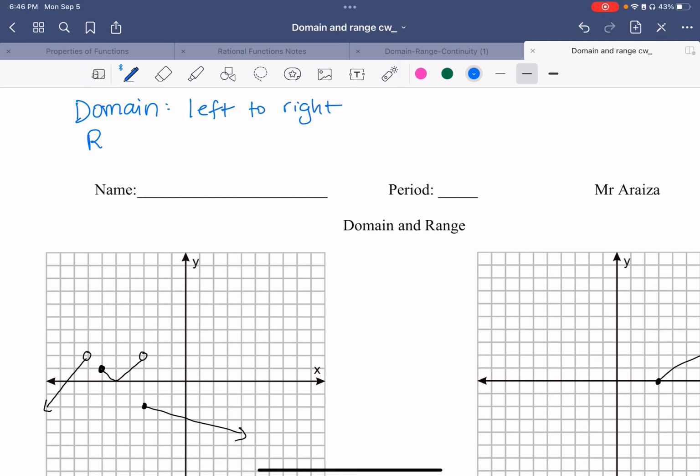And for the range, you're reading bottom to top. Okay, and then remember, for open circles you have parentheses, and for closed circles you have square brackets.